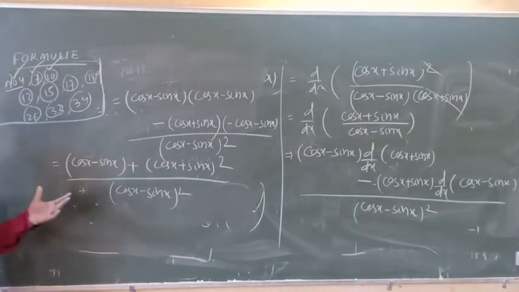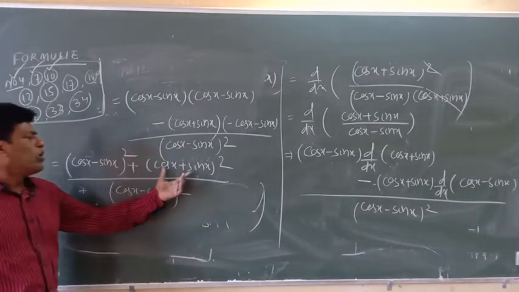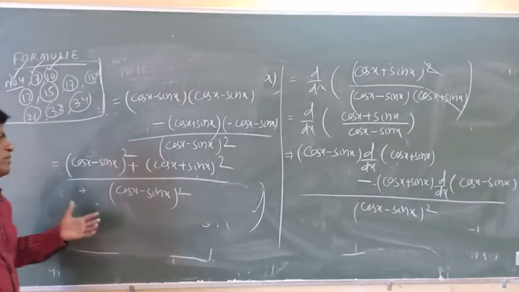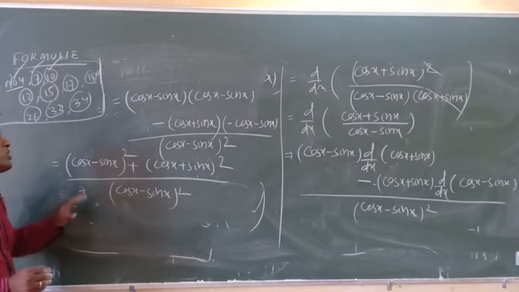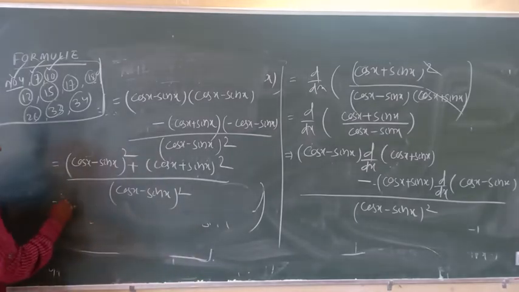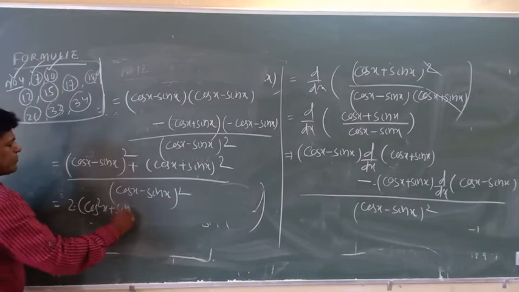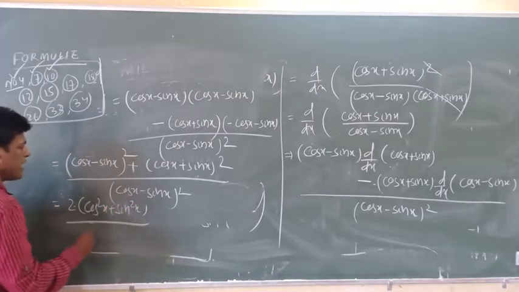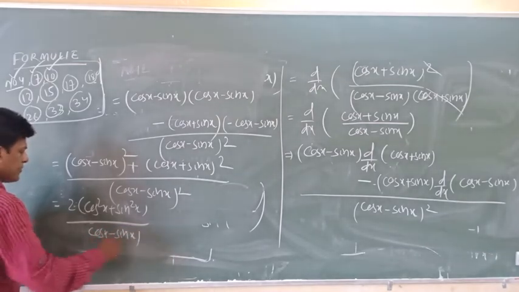Look at this identity: (a plus b) whole square plus (a minus b) whole square is equal to 2 times (a square plus b square), you know from high school. So 2 times (cos square x plus sin square x), divided by (cos x minus sin x) whole square.